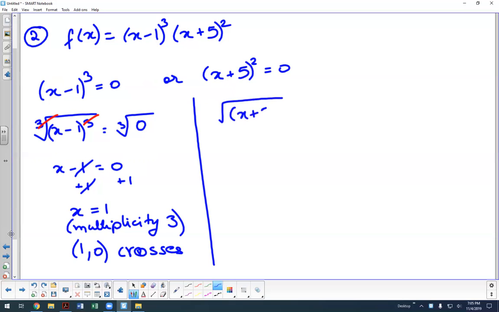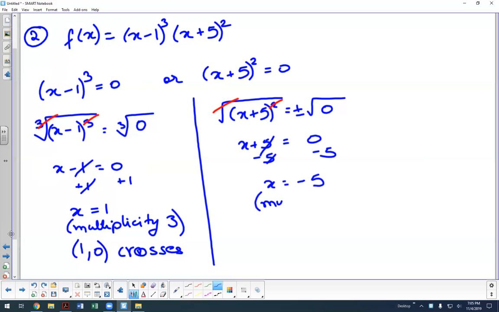We've got x plus 5 to the second power. So we need to take a square root. Square root comes with a positive and negative root. 0 doesn't take a sign for either one of those. So we just get x equals -5. And what's the multiplicity for this root? It's going to be 2 because our factor was raised to the second power.